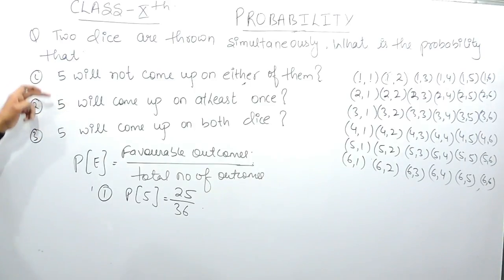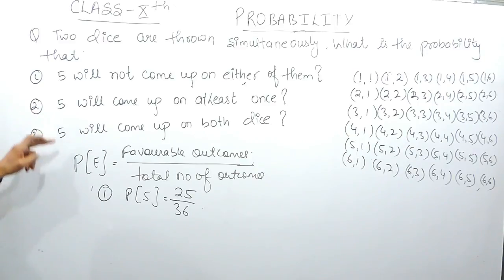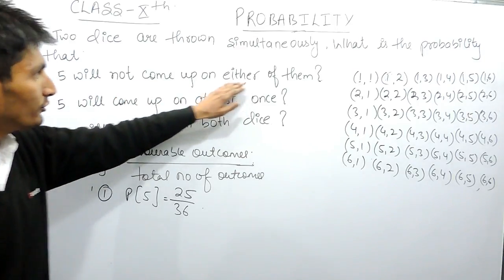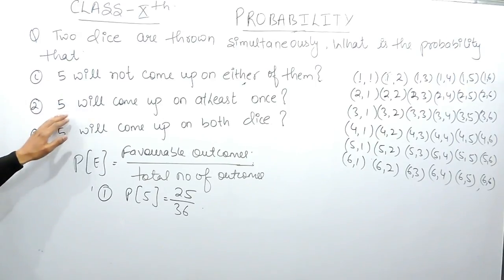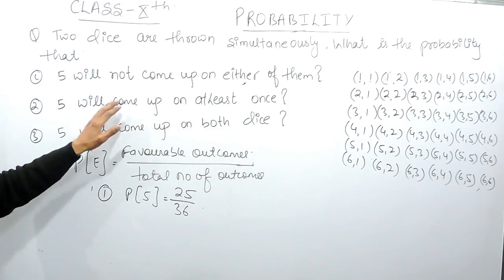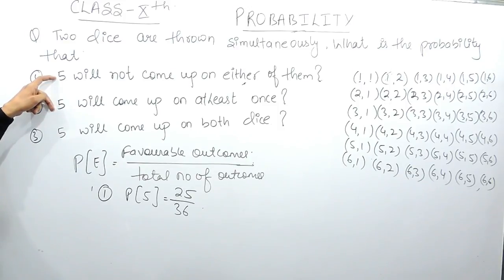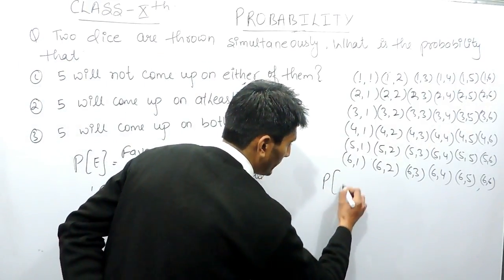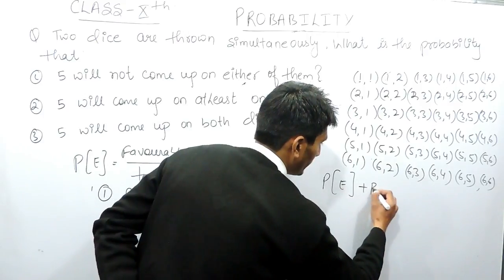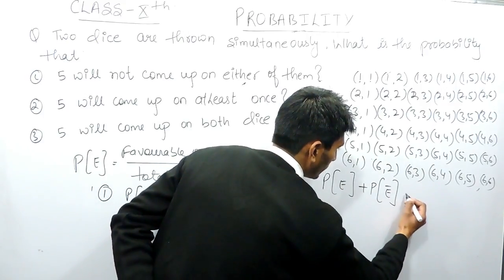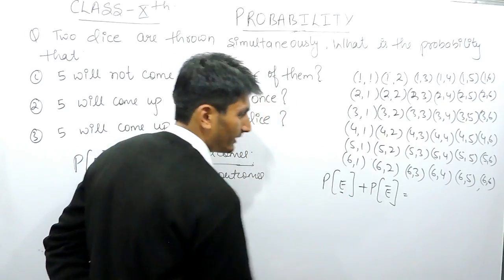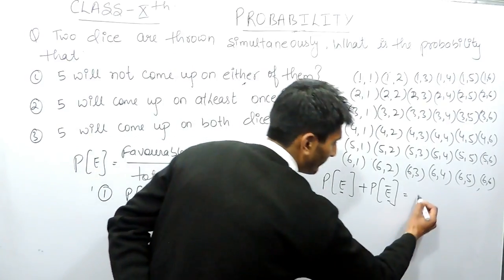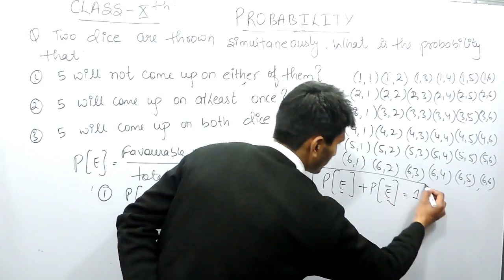These two are complementary to each other: this is the probability of 5 not coming and this is the probability of 5 coming. As we discussed in the previous video, the sum of the probability of an event happening and not happening must equal 1.